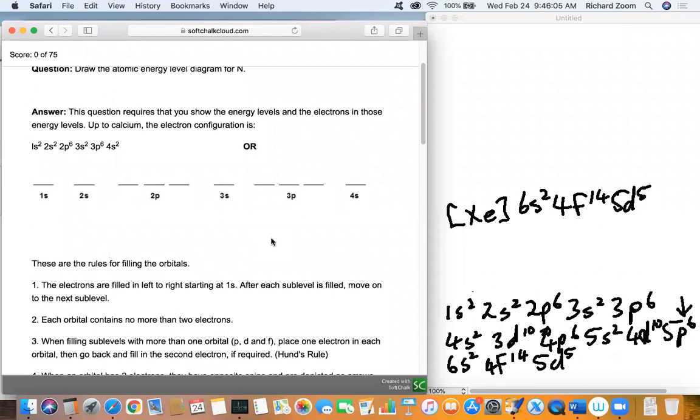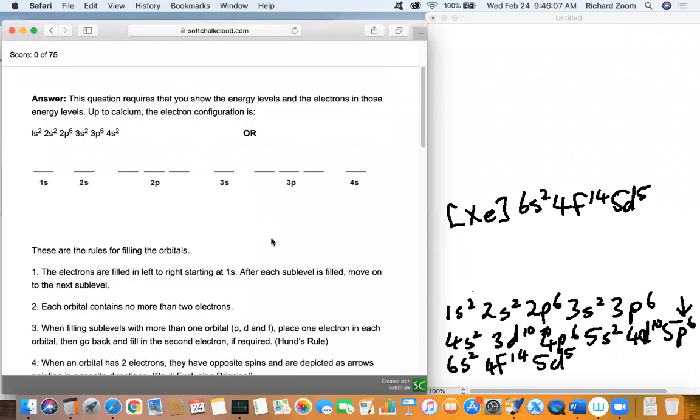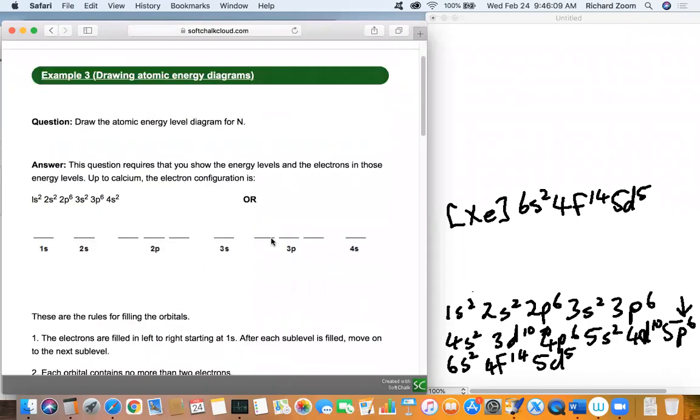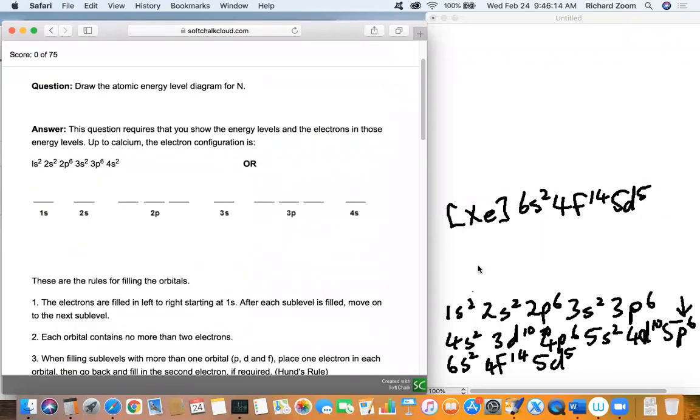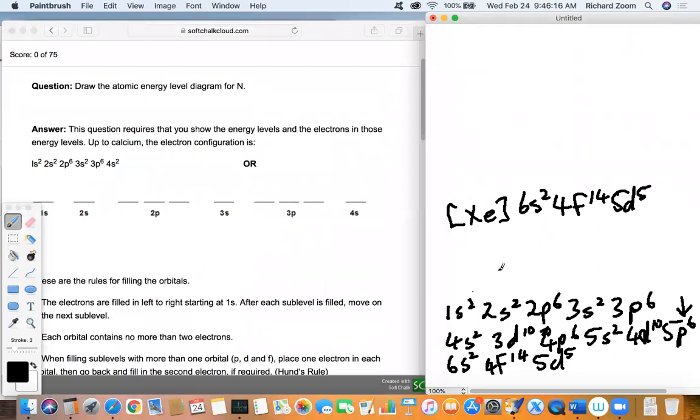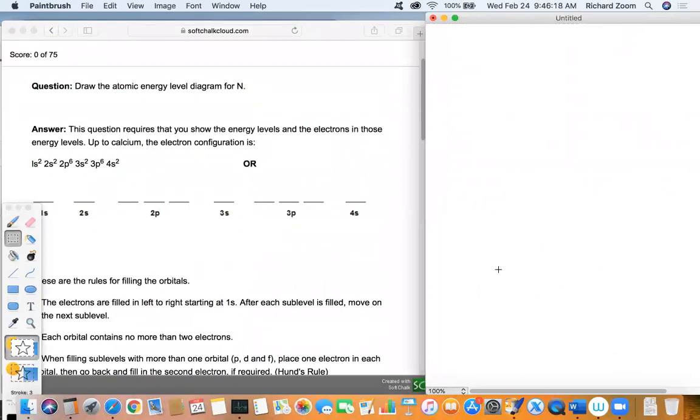The next one is to draw the atomic energy diagram for something like N. So I don't like to do this for very, very big elements. Anything up to 20, I think we can probably deal with.